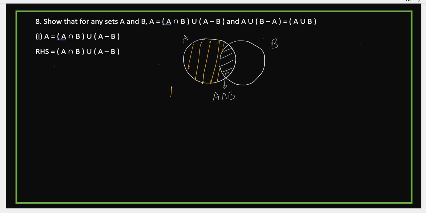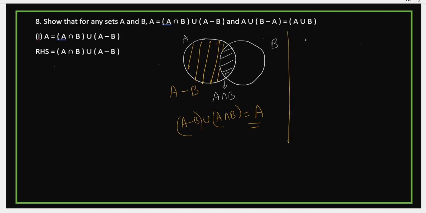Yes, this is A minus B. Now, A minus B union A intersection B is what? When you clearly see this yellow portion and white area together, it is that circle, set A, right? So simple. In a Venn diagram, it is so simple.